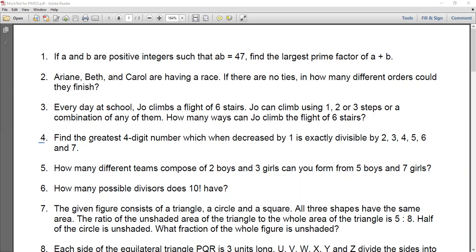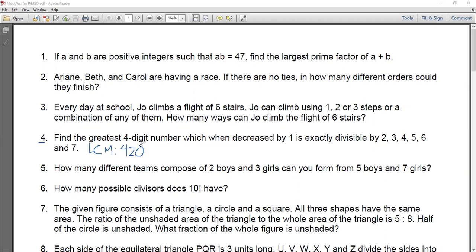So the LCM of 2, 3, 4, 5, 6, and 7 is actually 2 times 3 times... the LCM for that is 420. So what you need to do here is simply skip count until you reach the number nearest to 10,000.